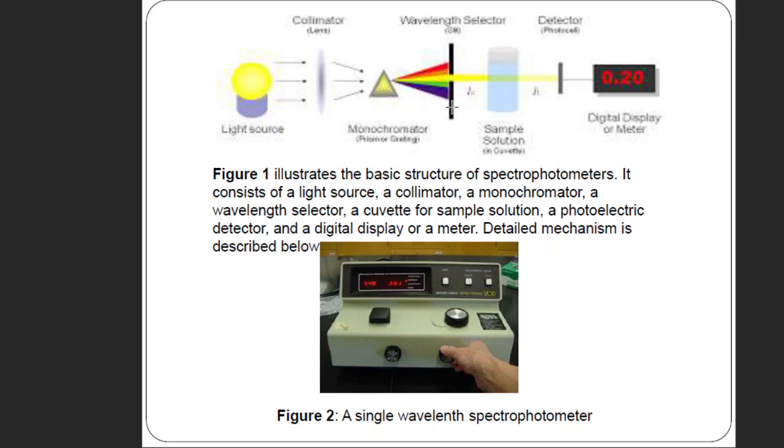Then here we have a slit, which we call a slit because it has a small opening. Out of these different colored radiations, only one particular yellow radiation is allowed to move through this slit. This part of the instrument we call a wavelength selector.